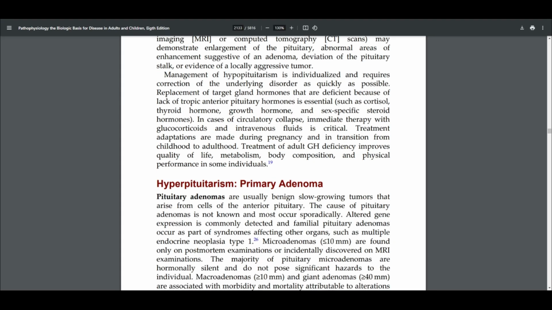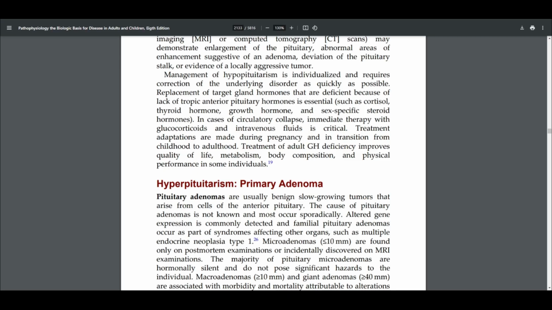Management of hypopituitarism is individualized and requires correction of the underlying disorder as quickly as possible. Replacement of target gland hormones that are deficient because of lack of tropic anterior pituitary hormones is essential.